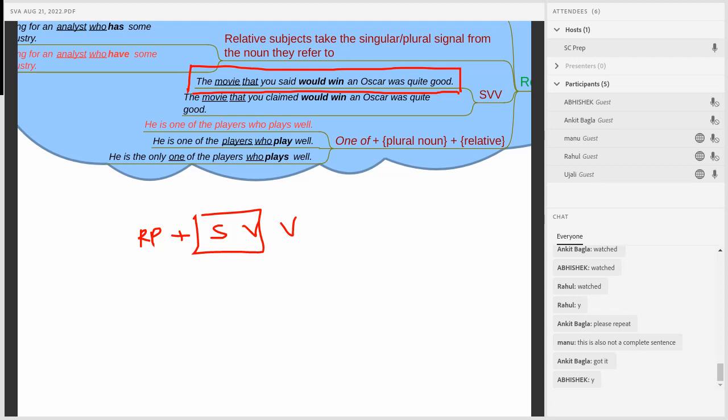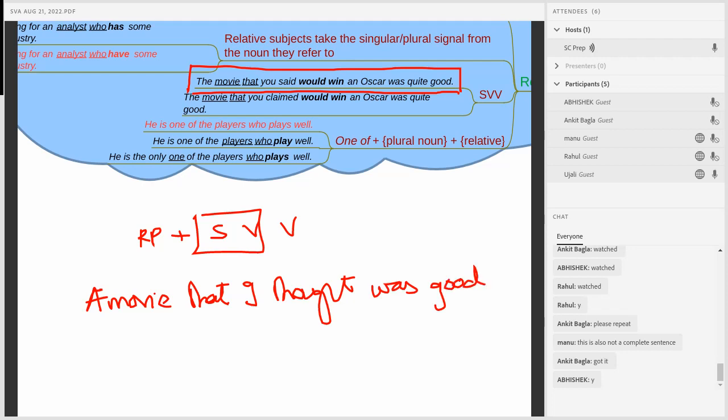Okay, hang on. Maybe I should not have deleted that sentence. So let's say you get two options. What did we write? A movie that I thought was good. The movie that you said was good. Oh, yeah, sorry, I changed the words. It doesn't make a difference. It's the same thing. So in these sorts of cases, there are two things that I need you guys to watch out for.